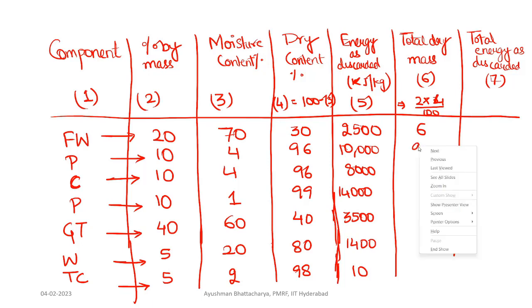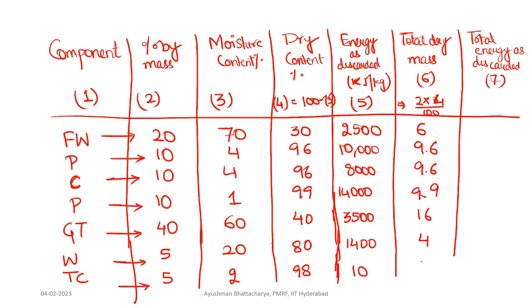Then 9.6, 9.6, 9.9, 16, 4, and 4.9. How do we calculate the value? Column 2 multiplied by column 4. See, 20% is the mass, out of that 30% is the dry content. So 20 into 30 divided by 100 will give you the total dry mass.